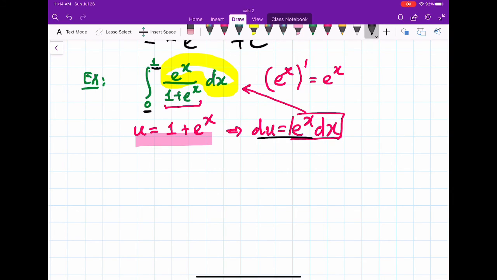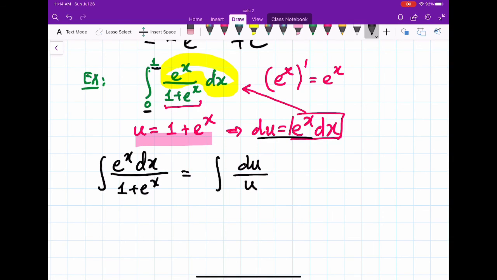So the antiderivative of e^x dx over 1 plus e^x equals, on the top I have du. In here I have u, right? And we know that is what? That is ln of the absolute value of u plus c, right?